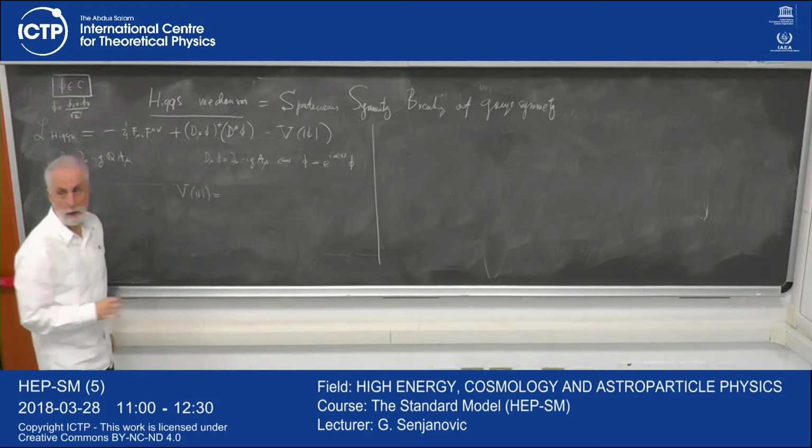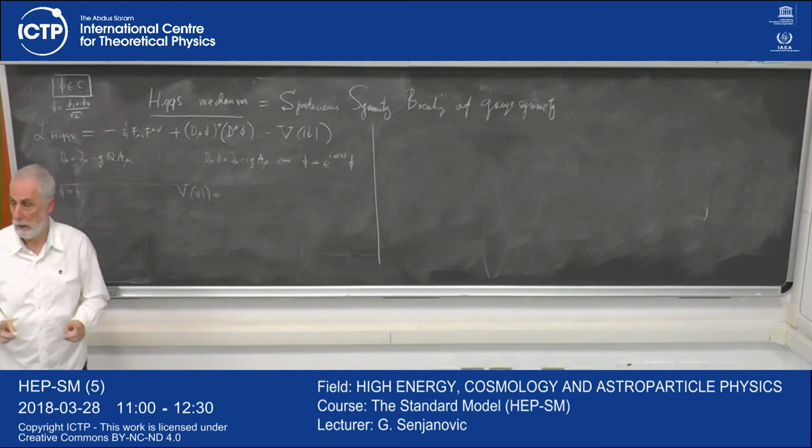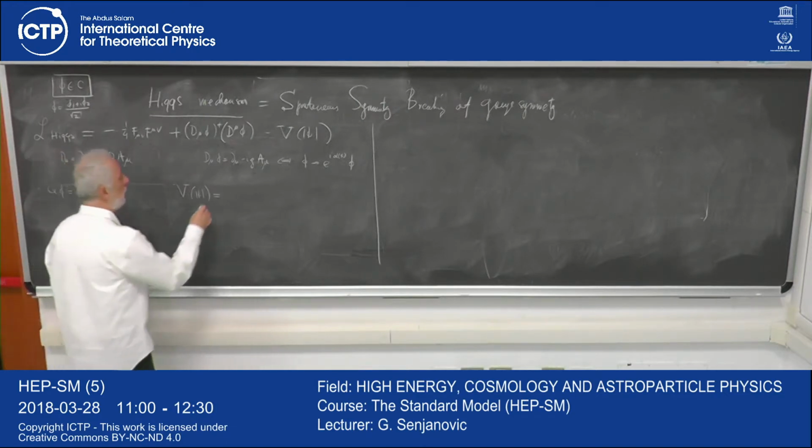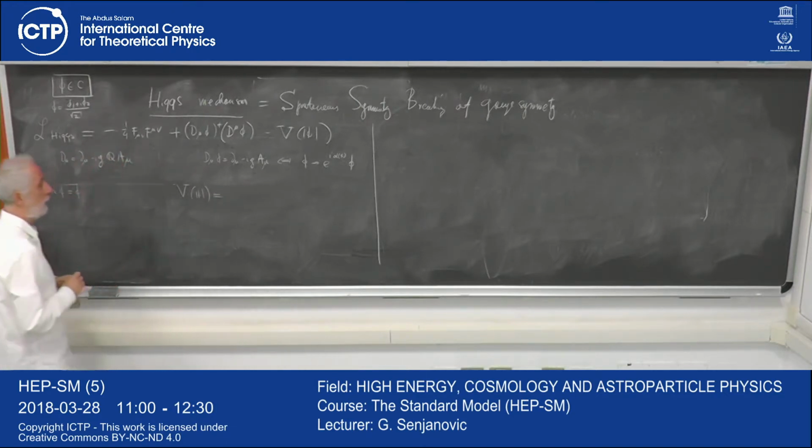Can it have a linear term? No linear term. Why? Because remember, spontaneous symmetry breaking means I start with a fully symmetric theory. There cannot be a piece which explicitly breaks the symmetry. It will completely destroy it, and I'll explain the principle behind this approach.